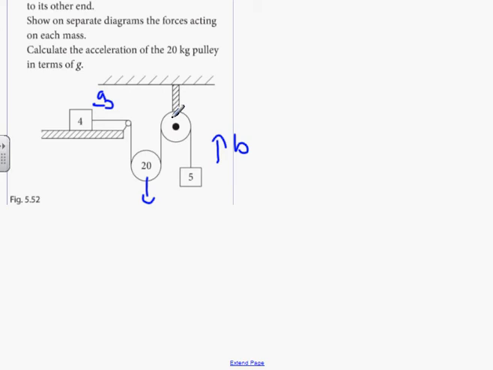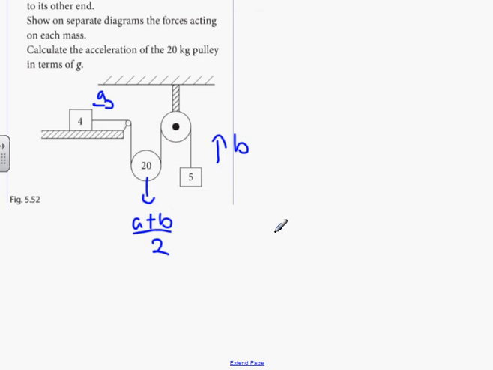So you add both accelerations together and divide by 2. That's what always happens when you have a system where two particles are linked to a movable pulley. The two particles have different accelerations. The movable pulley's acceleration is given to you by the average. Just store that in memory. Use it anytime you see this system. It's going to be A plus B all over 2.